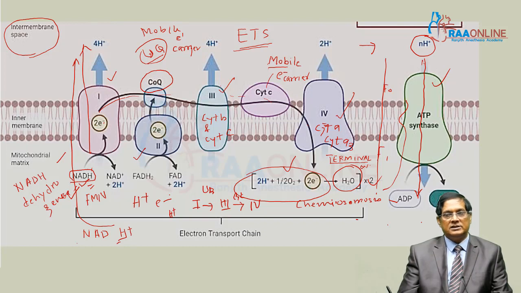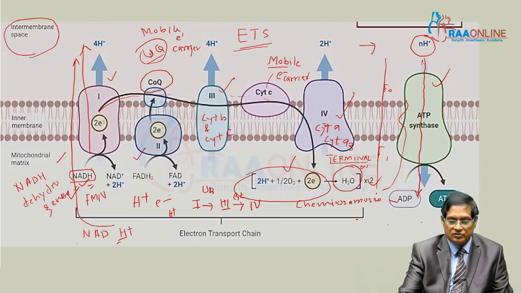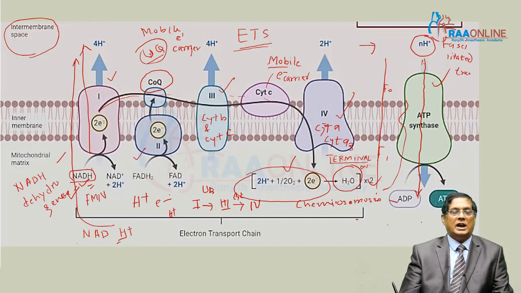So movement of protons through this structure is also facilitated transport, a very good example of facilitated transport. And this chemiosmotic theory was given by Peter Mitchell.